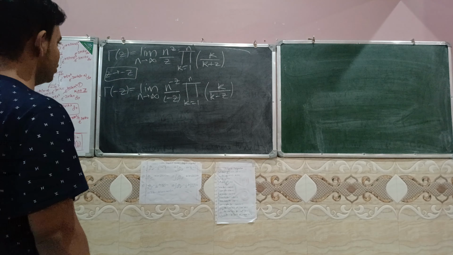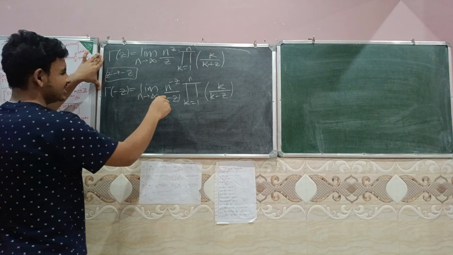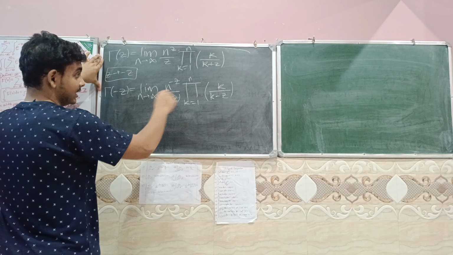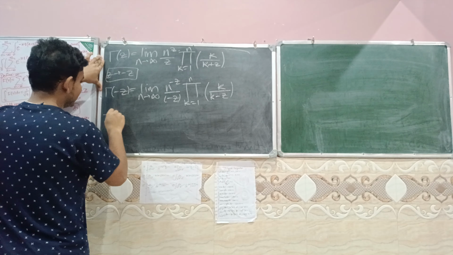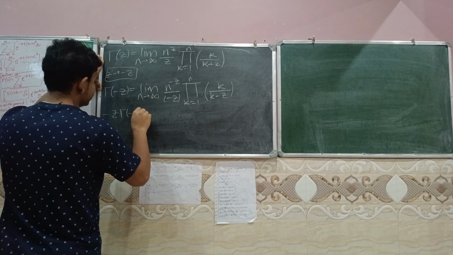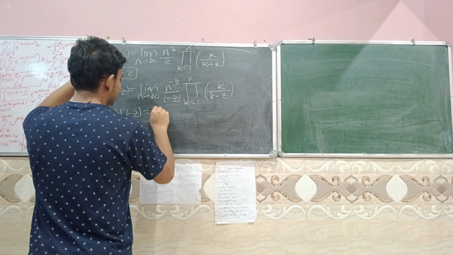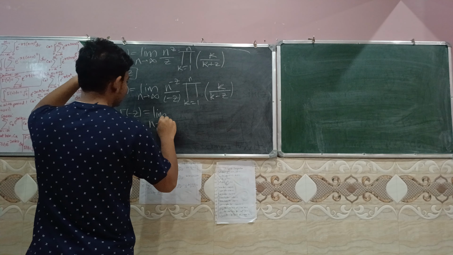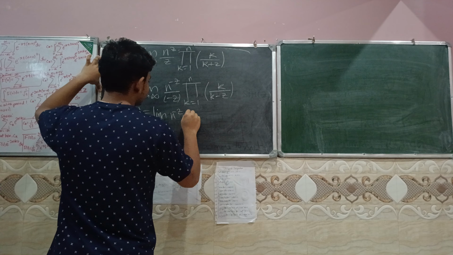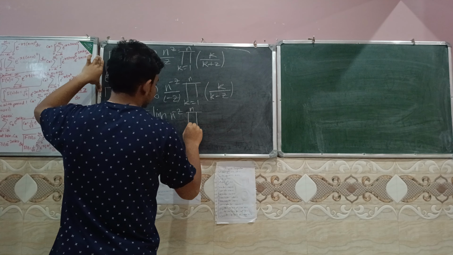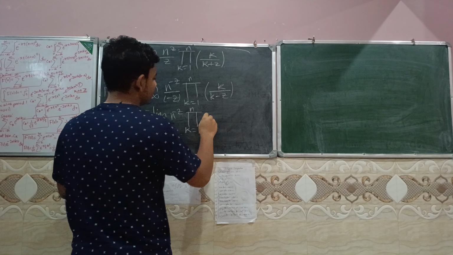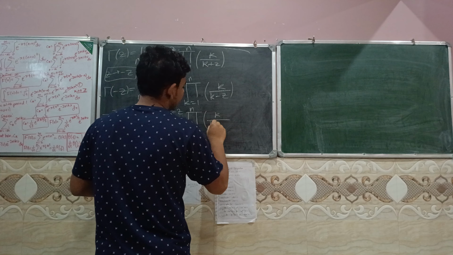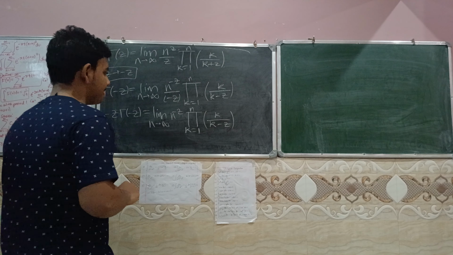Next, we multiply both sides of this equation by negative z. So we have negative z times gamma of negative z equals limit n tends to infinity of n to the negative z times the product as k goes from 1 to n of k over k minus z.